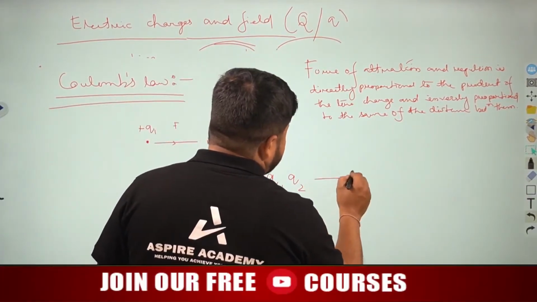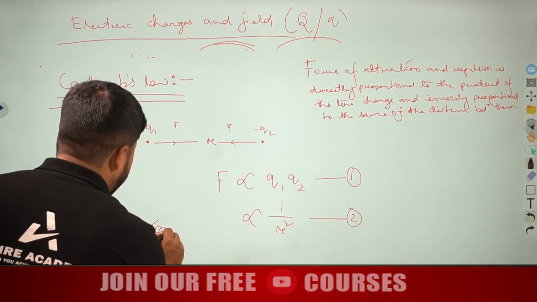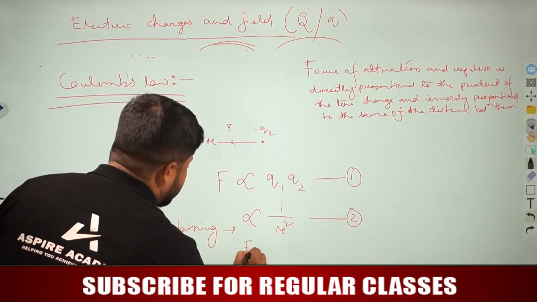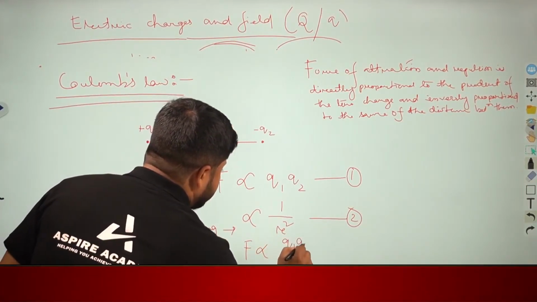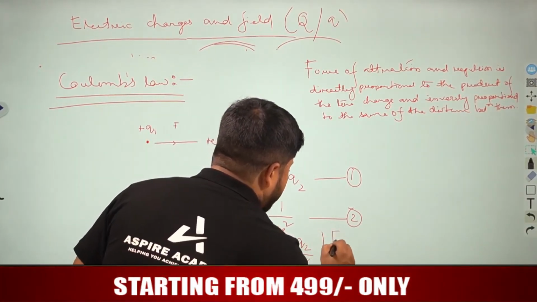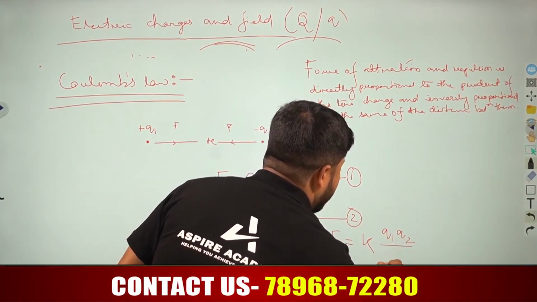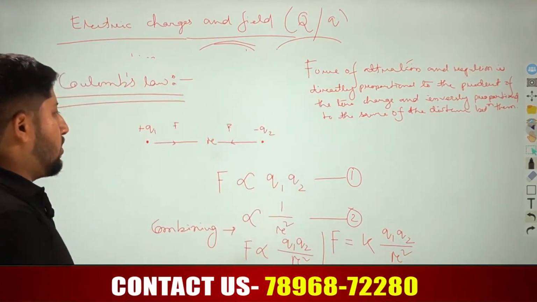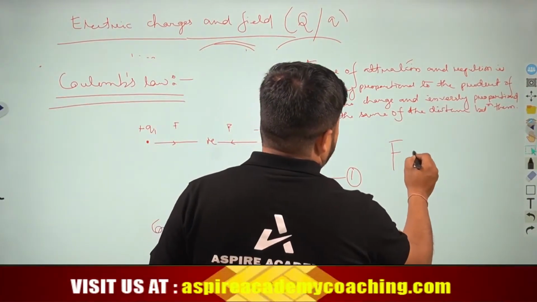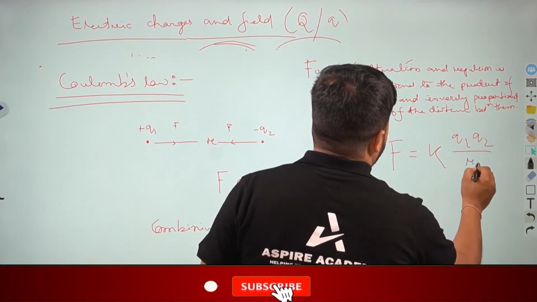If you consider this as equation number 1 and this as equation number 2, after combining, force F is proportional to Q1 Q2 by R square. Then F is equal to K Q1 Q2 by R square, where a constant K comes out.